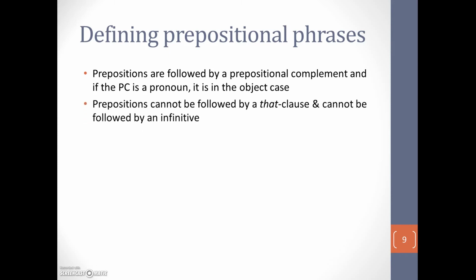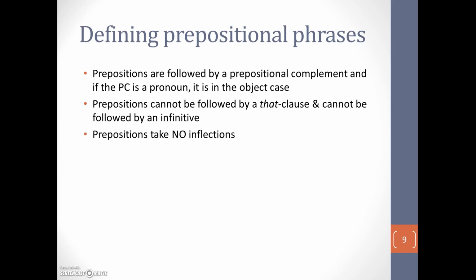Furthermore, prepositions cannot be followed by a that clause, so you can't say on that, and they cannot be followed by an infinitive, so you can't say on to go or something like that. These are simple rules that you can note down and try to remember.